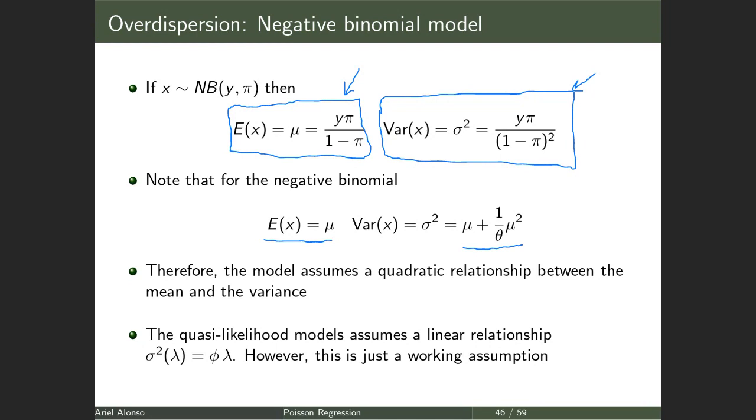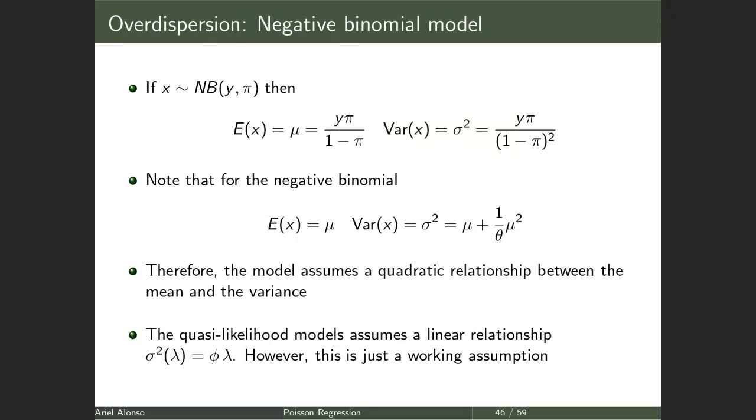Now, the quasi-likelihood model assumes a linear relationship, because if you use this expression for the working variance, then you are assuming a linear relationship between the mean and the variance. If you use the negative binomial model, based on the negative binomial distribution, then you assume that the mean and the variance are related in a quadratic way. So the variance is a quadratic function of the mean.